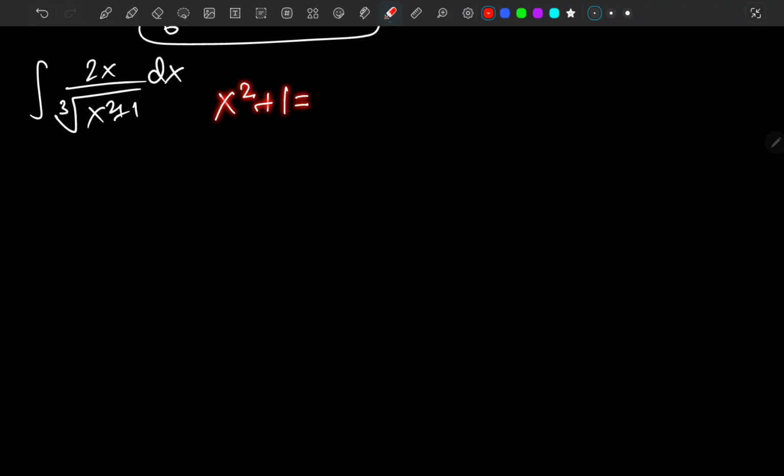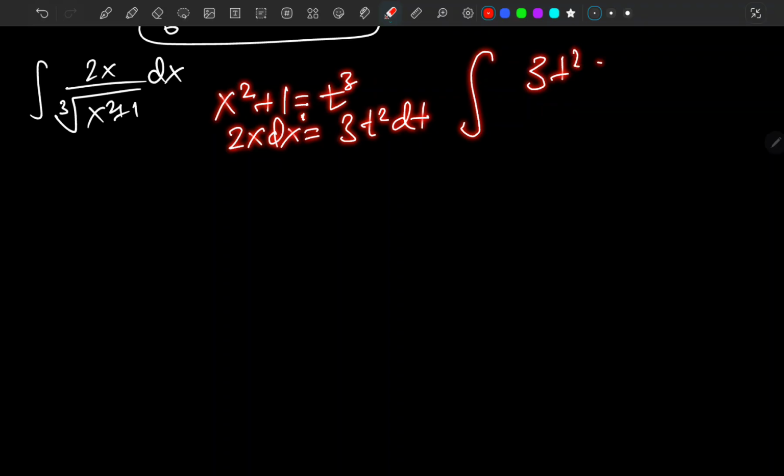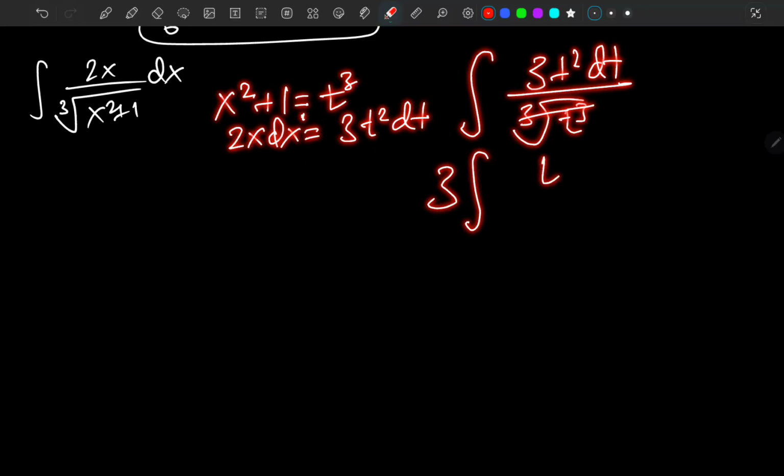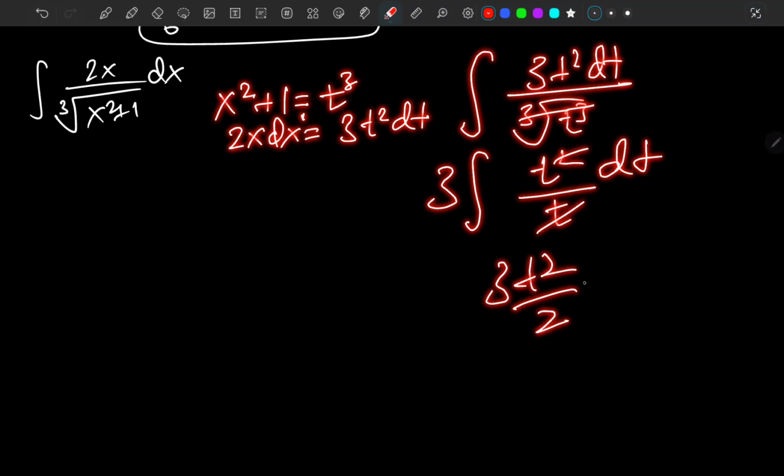For your convenience, let us say that it is t cubed, and I wouldn't let it be t, because it would be quite difficult to solve. So 2x dx becomes 3t squared dt, and now our integral becomes 3t squared dt over the cube root of t cubed, and this cancels out, so the integral becomes 3 times t squared over t dt. This becomes 3t squared over 2. So 3 over 2, and t squared you can calculate from this equation.